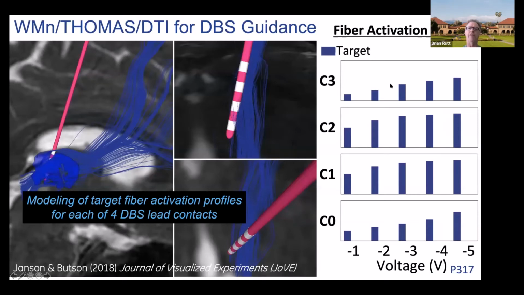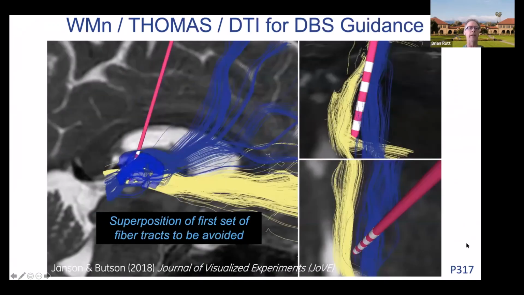We model the effects of this activation in the prefrontal cortex by looking at fiber activation profiles as activated by each of the 4 contacts, C0, 1, 2, 3, as you can see here, depending on the voltage applied. Then we take a look at other fiber tracks because we want to avoid certain regions.